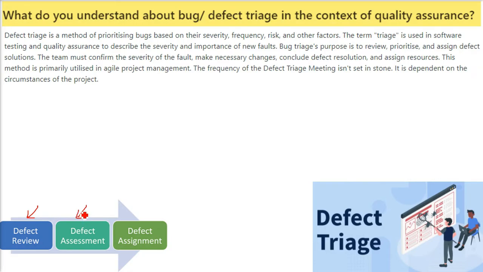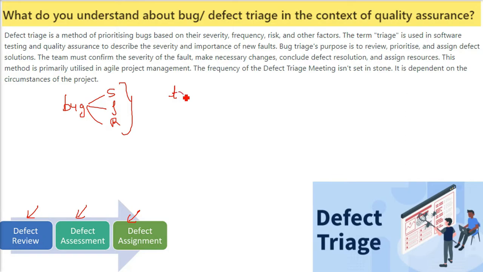And finally, we assign resources. So defect triage is a method of prioritizing bugs based on the severity, the frequency with which it happens, the risk, and there are other factors also. These are the factors on the basis of which the priority of these bugs or flaws is given.